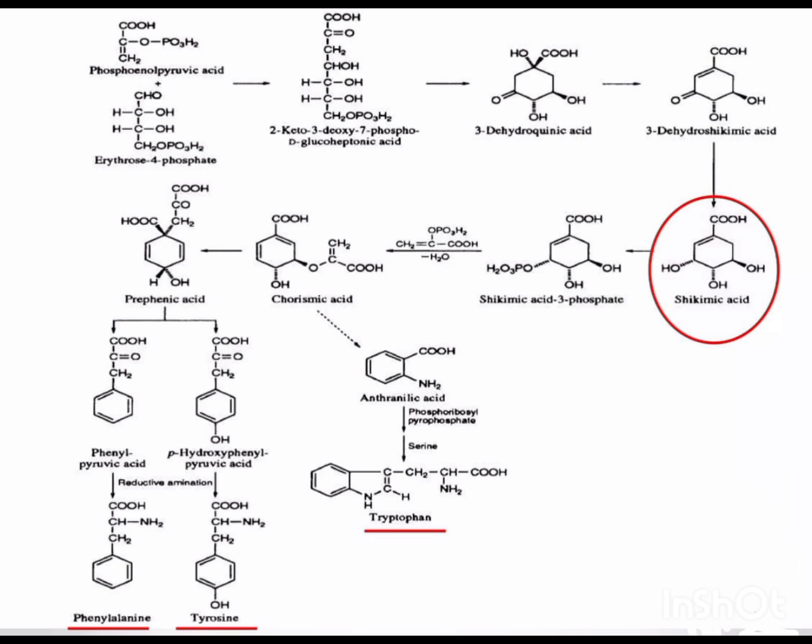The chorismic acid further bifurcates into three parts: p-aminobenzoate, which converts into folates; prephenate, which gives phenylalanine and tyrosine; and anthranilate, which converts into tryptophan.